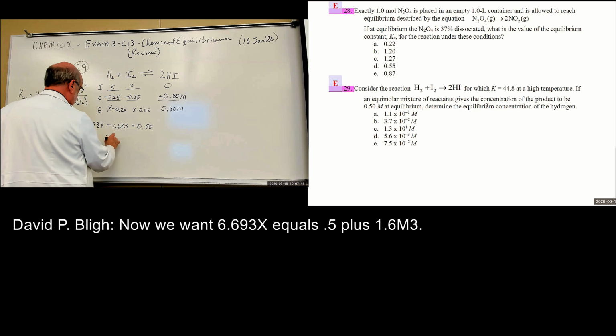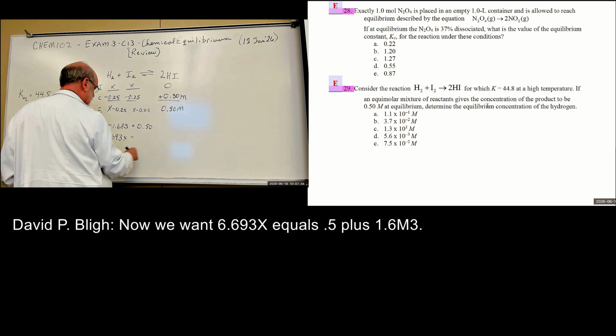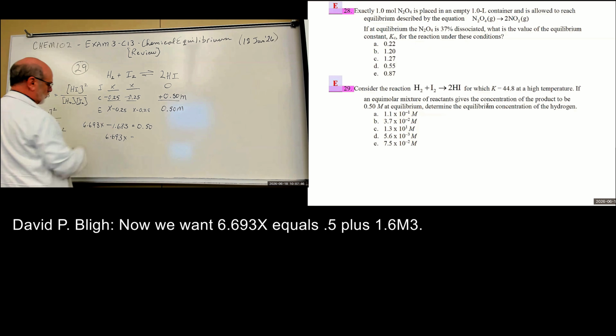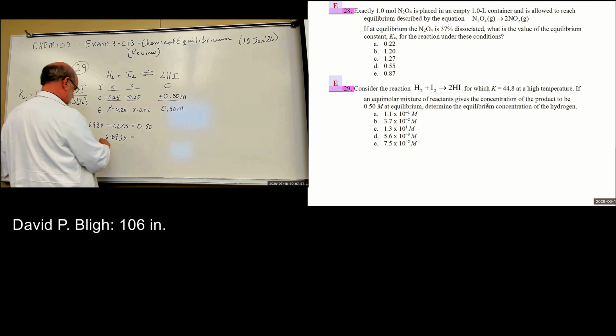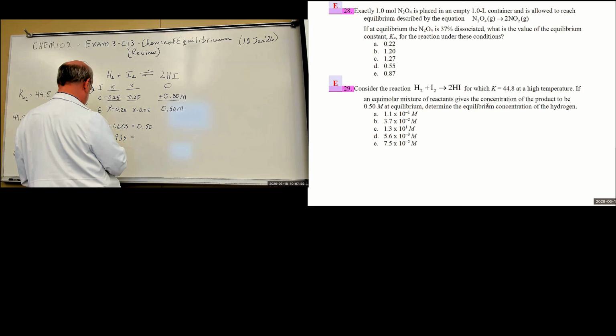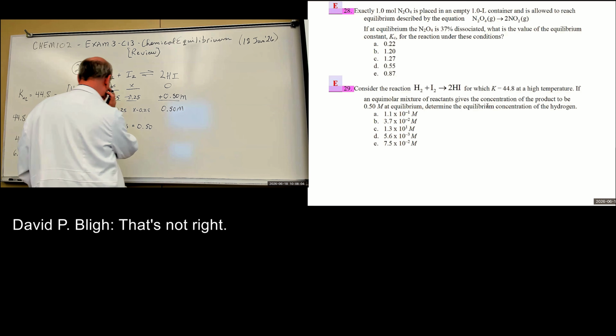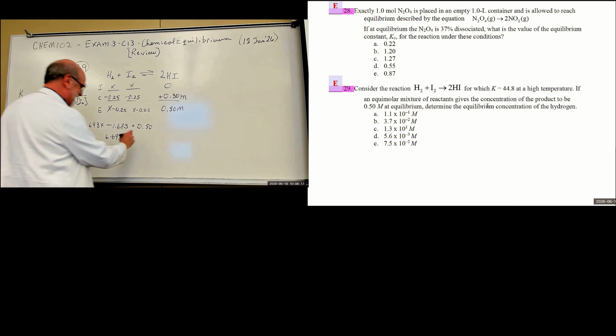Now we want 6.693X equals 0.5 plus 1.673. I added the wrong thing at first. Doing 0.5 plus 1.673, that's better: 2.173.